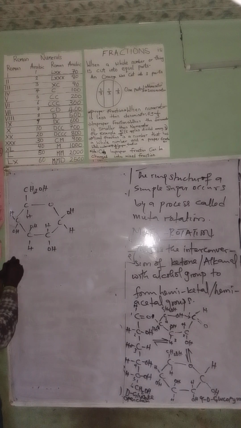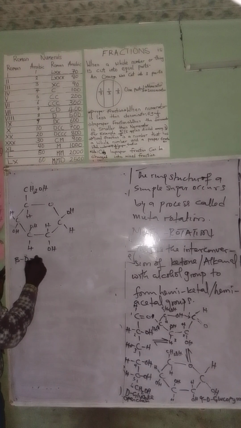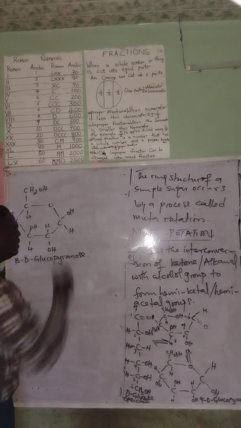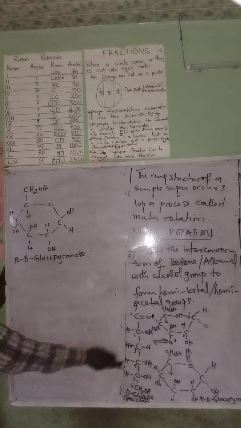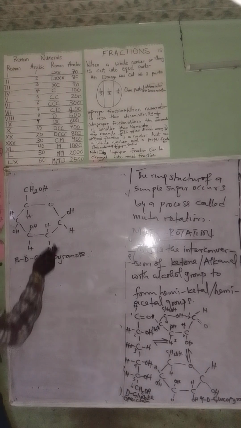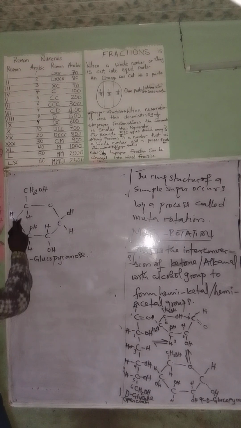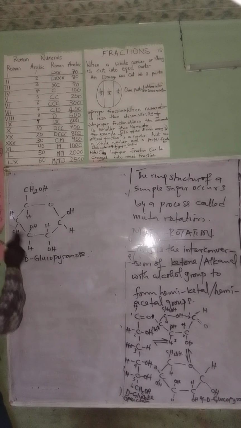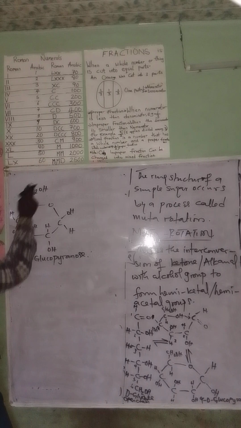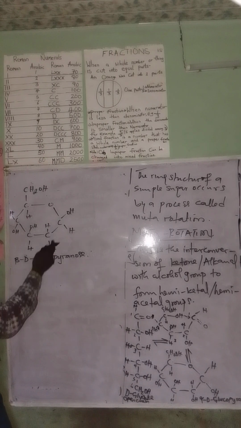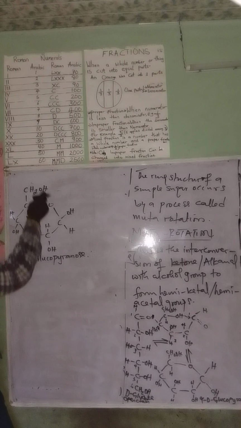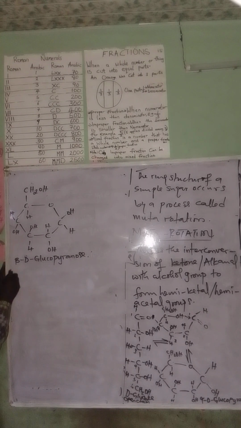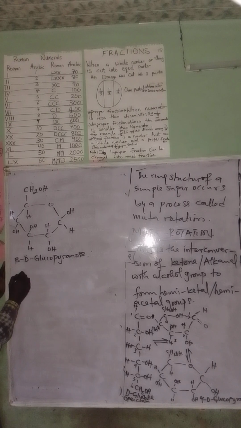When OH is up, we call it beta D glucopyranose. It's an isomer of that one. So if you still check it, it's still C6, H12, O6: 1, 2, 3, 4, 5, 6; 12 hydrogens; 6 oxygens. So that is that.